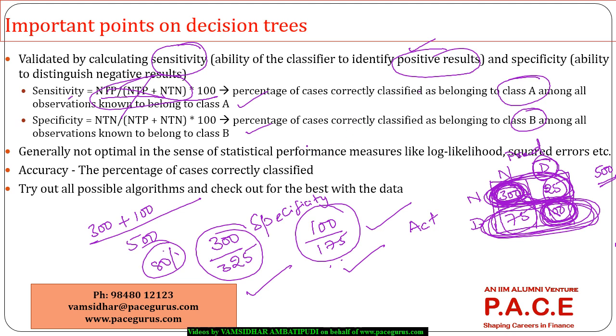These are not statistical performance measures like log likelihood or mean squared errors; this is purely the classification and misclassification rates. All the possible algorithms will typically be tried out, and we check which one best fits the data, and whichever fits best we would use for prediction as well. But of course we have to be cautious about the overfitting that might be very much possible in the process.